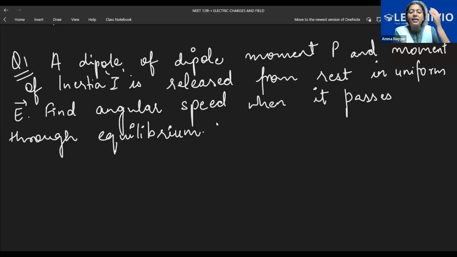This means that when it is in equilibrium, what are the conditions that are possible? And for calculation of angular speed, see class, as soon as you have speed in your calculations, you have to relate it with kinetic energy. Throughout your NEET problems, whether it's NEET or JEE, whenever you get speed and you are unable to relate it with anything, like this is a question of electrostatics, dipole moment.